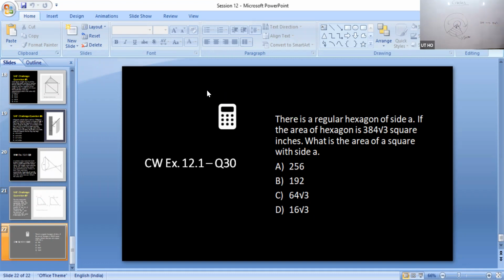Pi r square. This is actually in radian, no? So 1 radian is forming how much area? Pi r square upon 2 pi, that is nothing but r square by 2. Let's say I'm having theta radian, so it will be theta r square by 2.